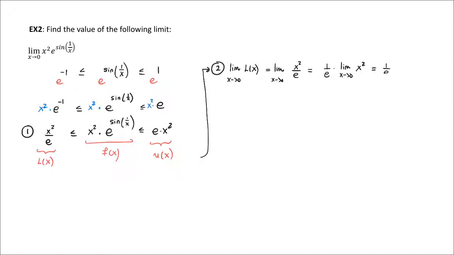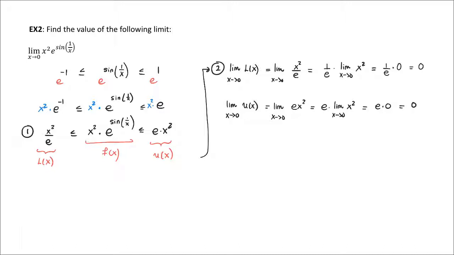So 1 over e times 0 will be 0. Now, let's test the other limit. The limit as x goes to 0 of U of x is equal to the limit as x goes to 0 of e times x squared. This is equal to e times the limit as x goes to 0 of x squared, which is e times 0, 0.